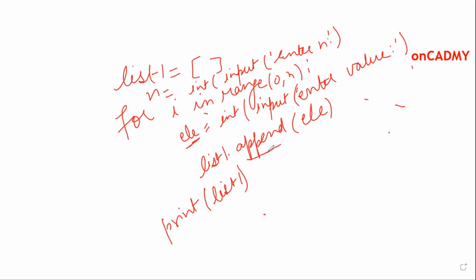We have already studied this method append, which is used to append an element to the list. So this is how we can take input for the list, and at last when the entire list is inputted by the user, then we can print list1, then the entire list will be printed.